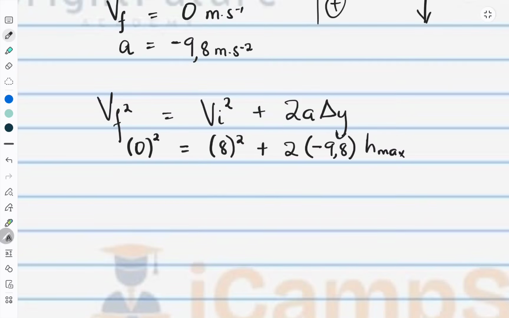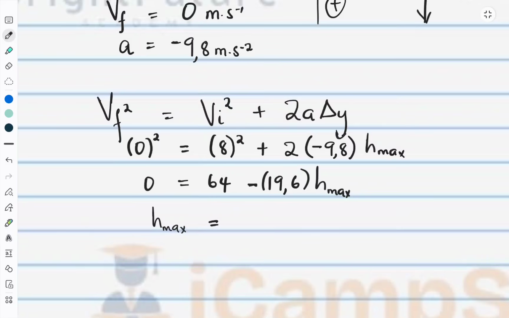So now we know that we will get 0. This is 64, should be, yes, plus minus 19.6 times h max. This is my h max. Therefore h max will be 64 divided by 19.6. You transpose and then you divide both sides by 19.6.